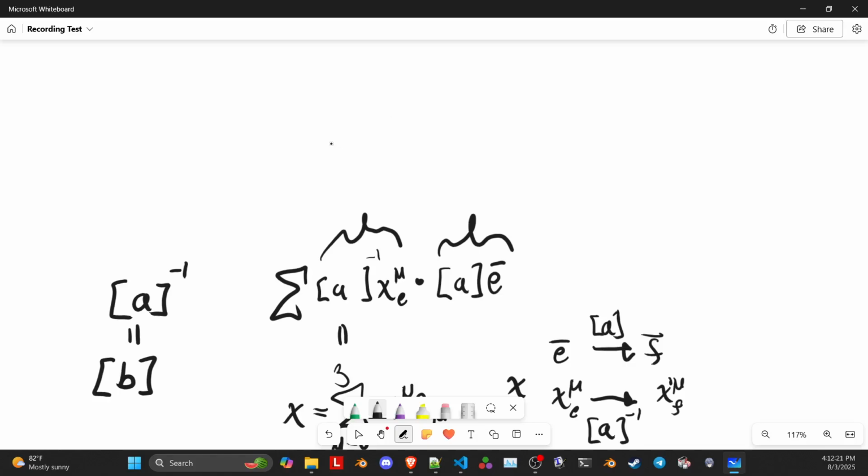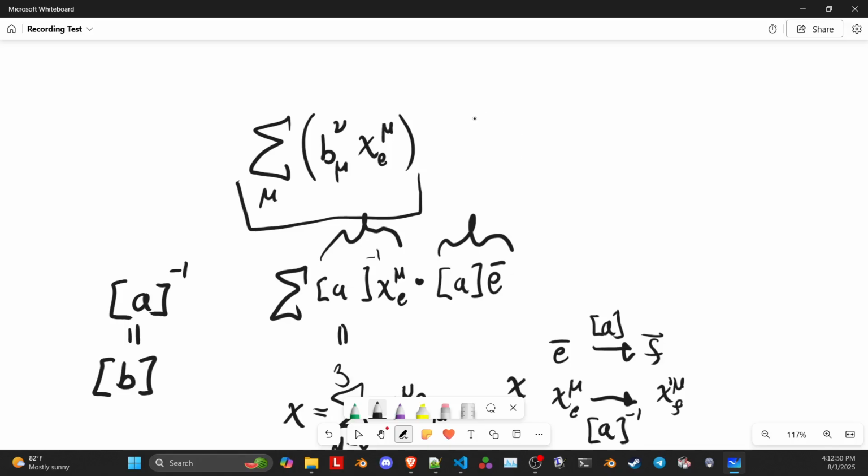So the first sum will be B mu, and we need another Greek letter. Nu is common. That's what I'll use, x mu. And then we need another sum of the A's acting on the E frame. So the E frame will have a mu here.